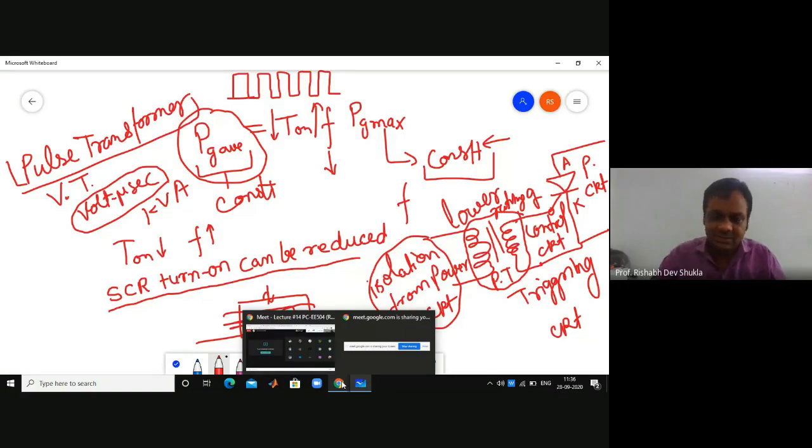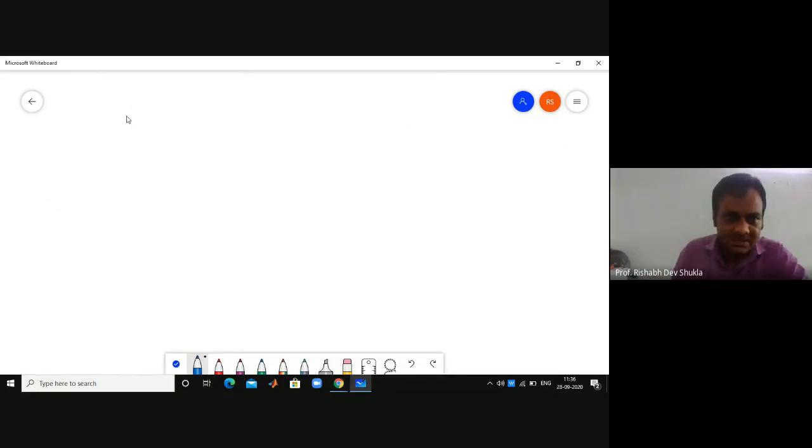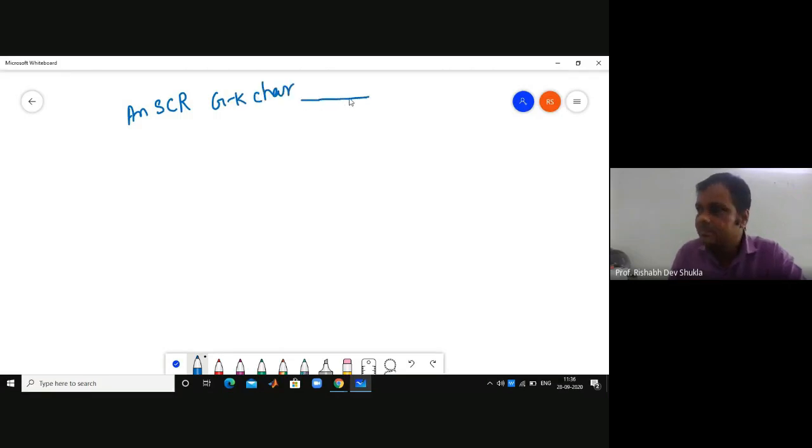There is an SCR, and the SCR gate cathode characteristics is a straight line, and the slope is 130 ohm. This is your slope.